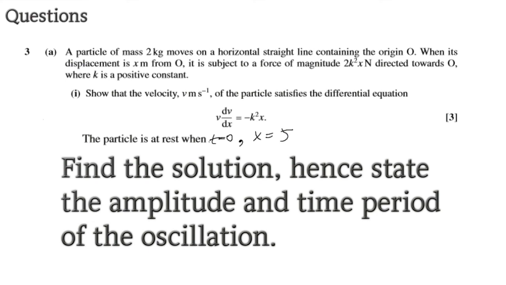So find the solution from that information and state the amplitude and time period. Actually, I'm gonna turn this into: find the solution in terms of algebra, then also state the amplitude and time period in terms of A.